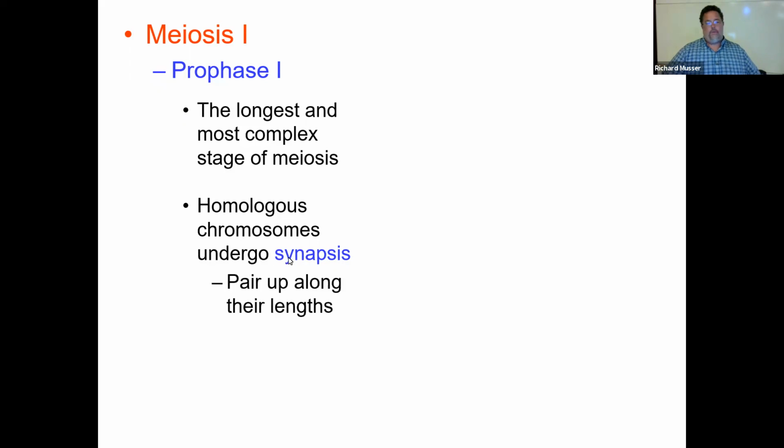I'll show you that in a moment too, where they basically pair up along their lengths. What does homo mean? Same. So same kind of chromosome. So let's say you got this chromosome from your mom and this one from your father, and then you doubled it. And then in the cell, they're going to line up next to each other. And then during the first division, they'll be spread apart. And then the next division, they split.